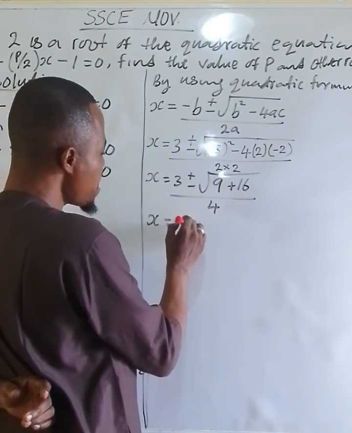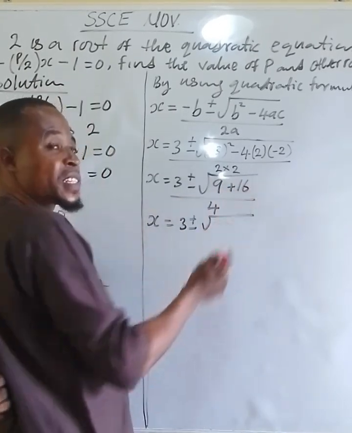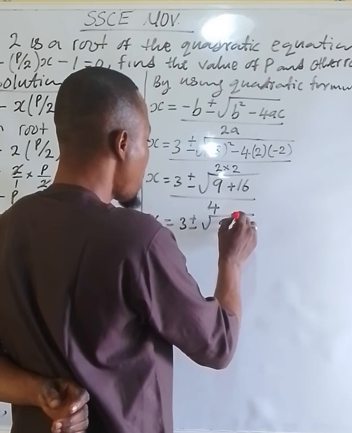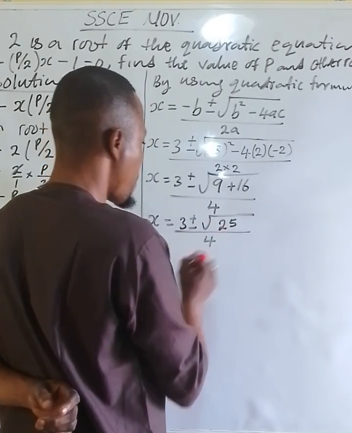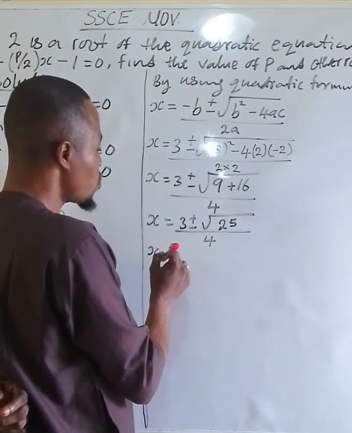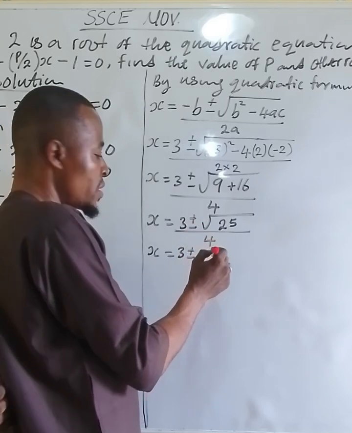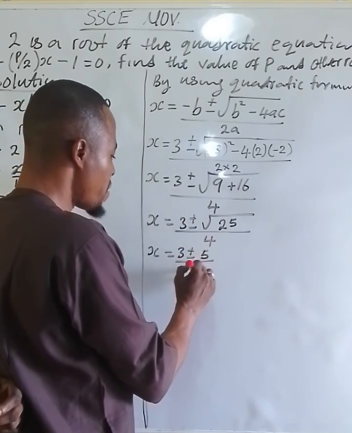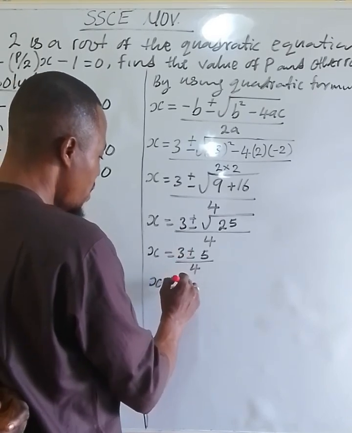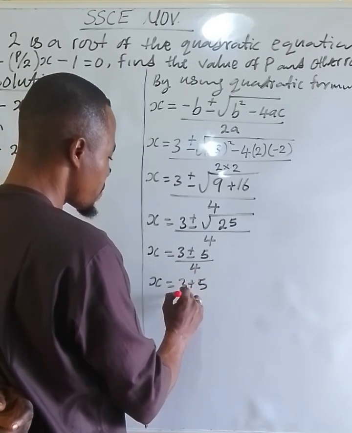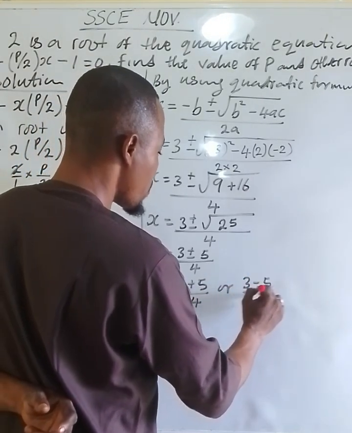So x equals 3 plus or minus the square root of 9 plus 16, so that's 25, all over 4. Now the square root of 25 is what? 5. Everything over 4.